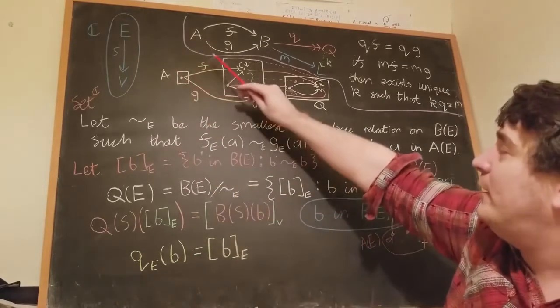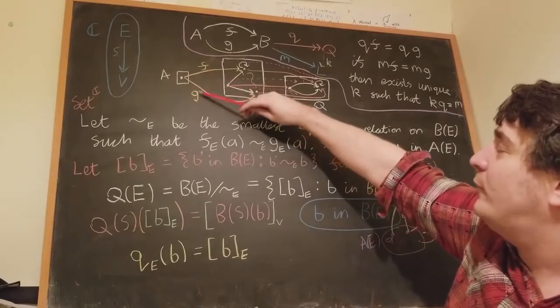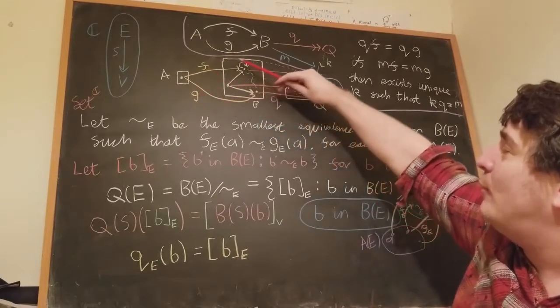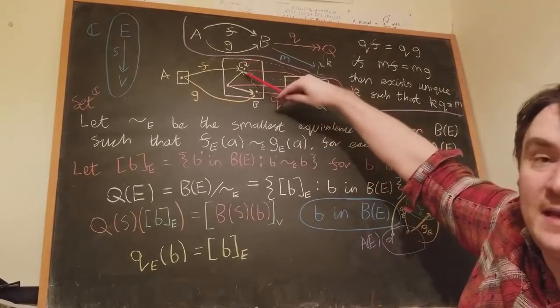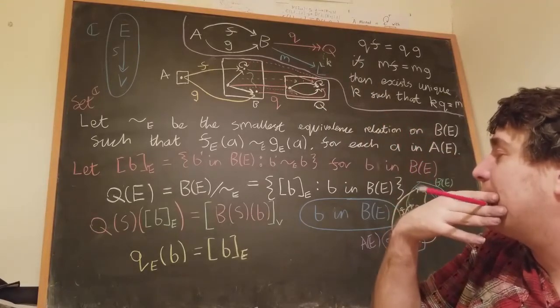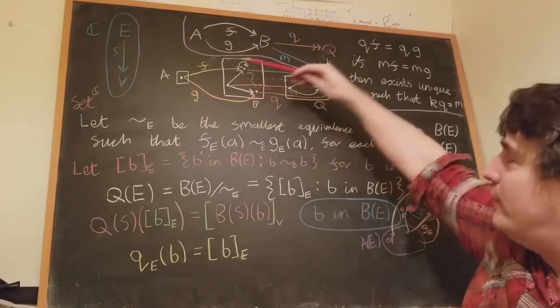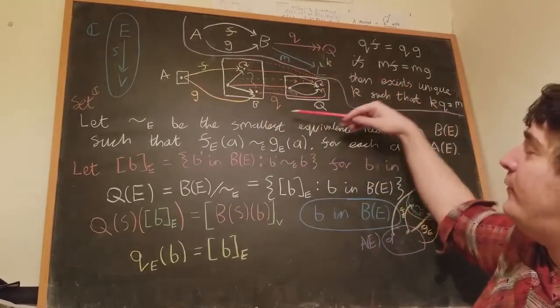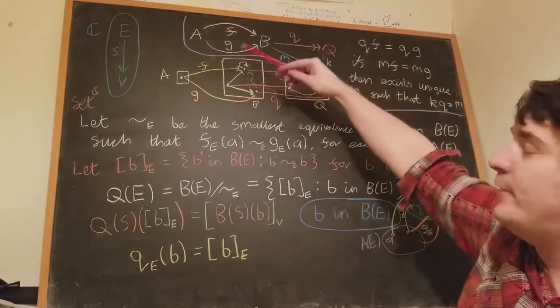So basically, we can think of this F and G as telling us how we want to glue together stuff in B. Okay. So that's the story of this system on the vertices.